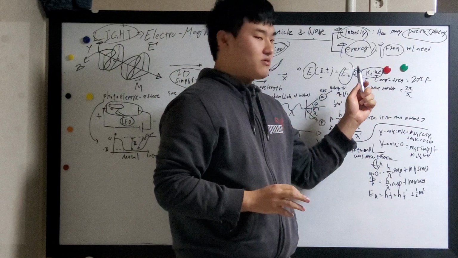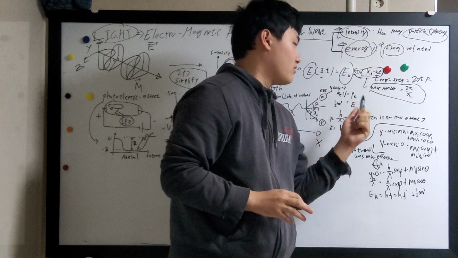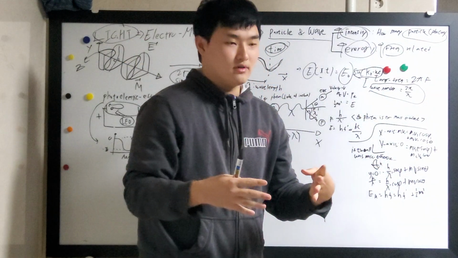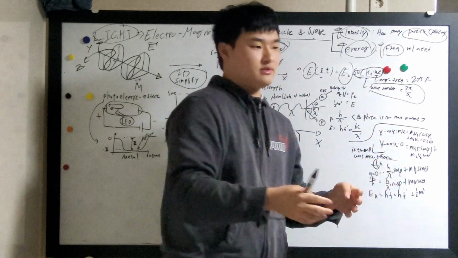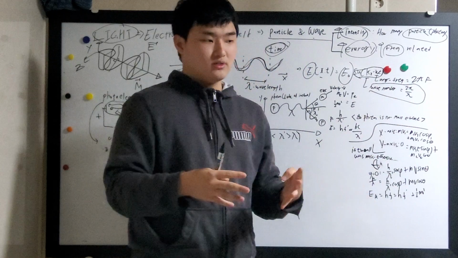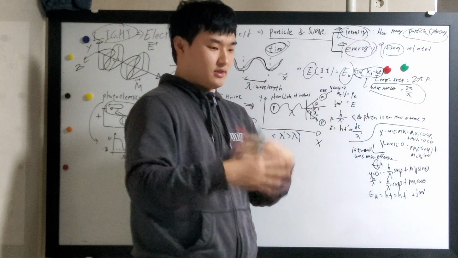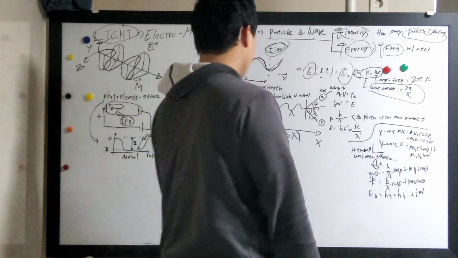So K means the wave number. Wave number is stated as 2 pi over lambda, which means at 1 lambda, or at 1 cycle, how much angular distance it has gone. And the angular frequency means at 1 cycle, how many oscillations were propagated.